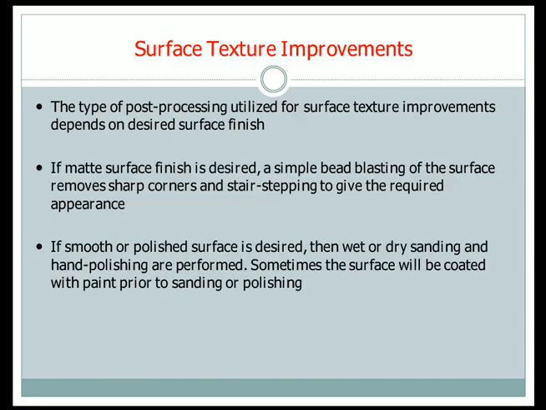I hope you know what is a matte finish and a smooth finish. When you apply light on a surface, if the surface has a smooth finish, it will reflect the light, and if the surface has a matte finish, then it will not reflect the light. It will simply absorb the light. So that is matte finish and smooth finish.